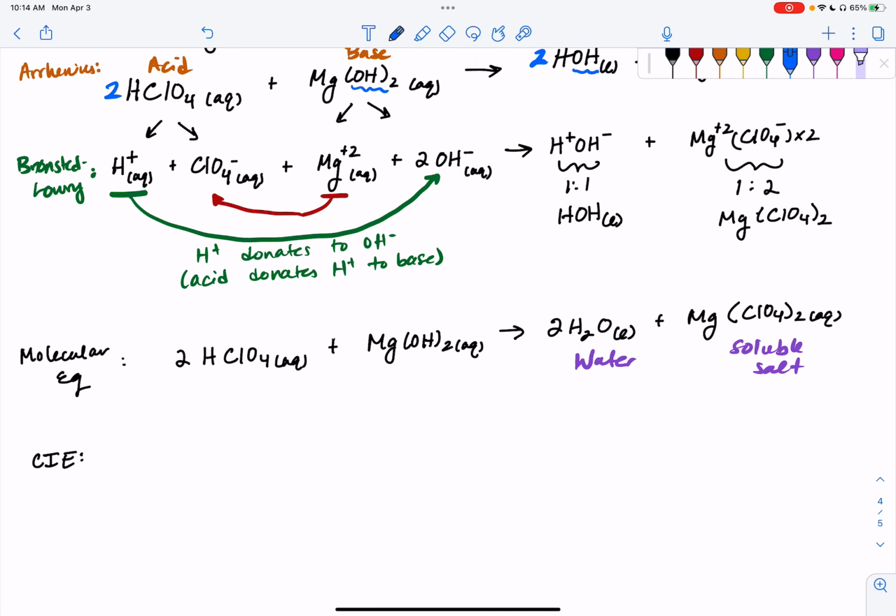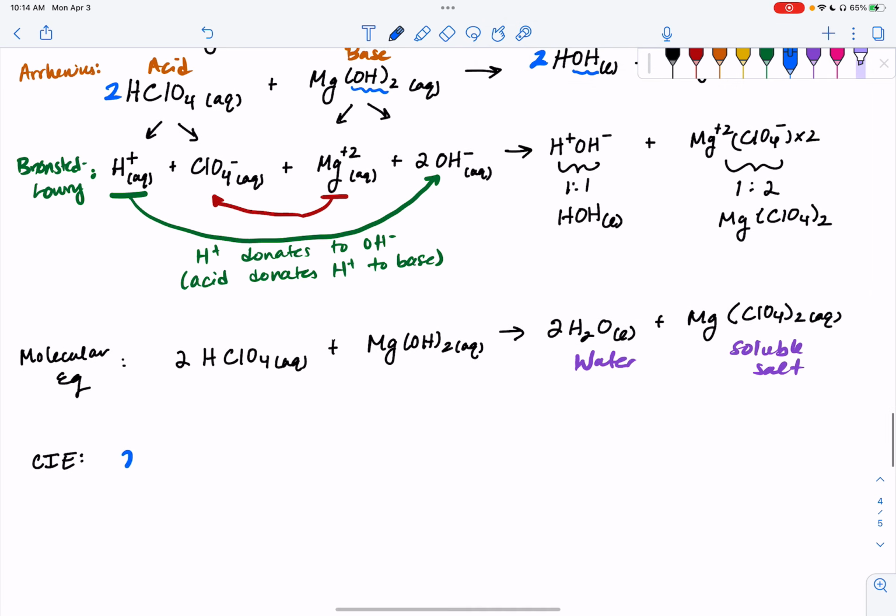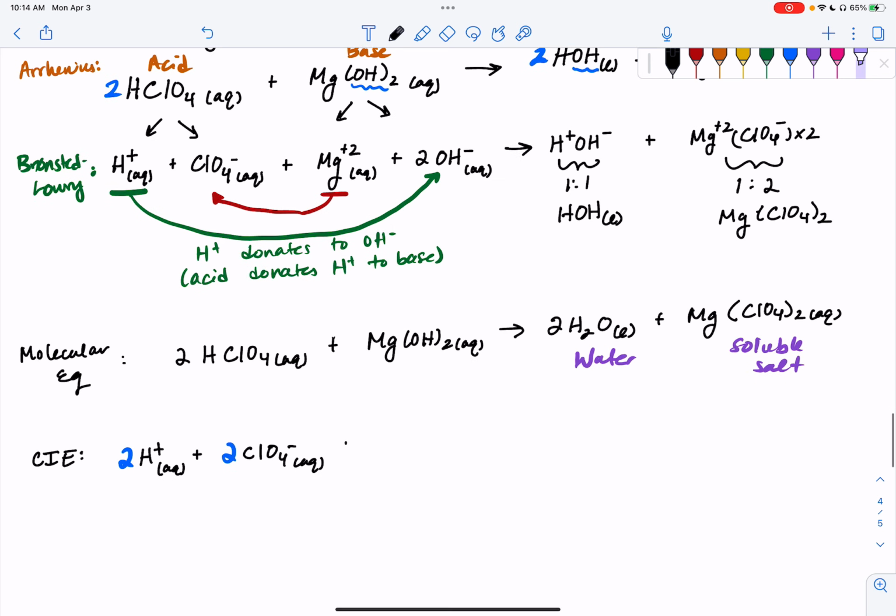I've got to remind myself that I've got 2 H pluses on my reactant side, and now 2 ClO4 minuses on my reactant side, reacting with magnesium 2 plus ion and 2 hydroxide anions to create H2O liquid, of which there are 2.